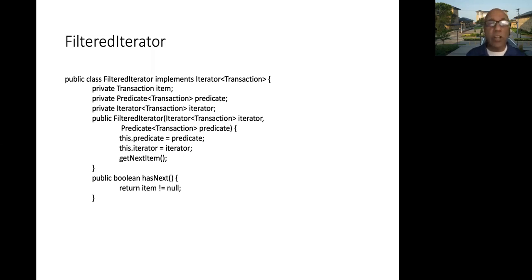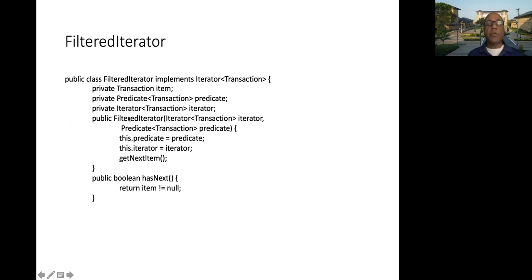We are not interested in all the transactions. The user interface wants transactions that occurred on some particular date, let's say October 5 of 2018 or whatever, some date. So we don't want to supply all the transactions.